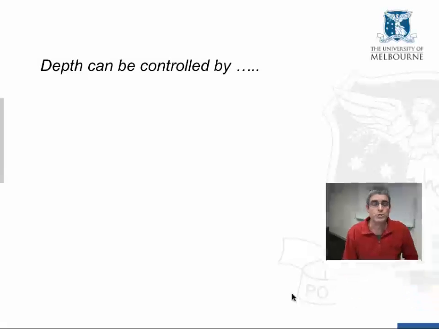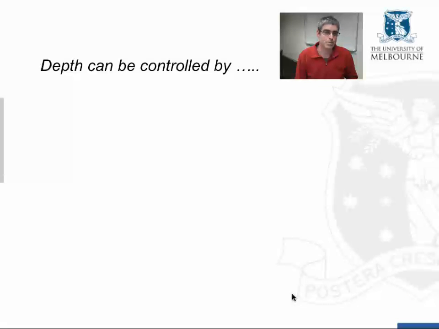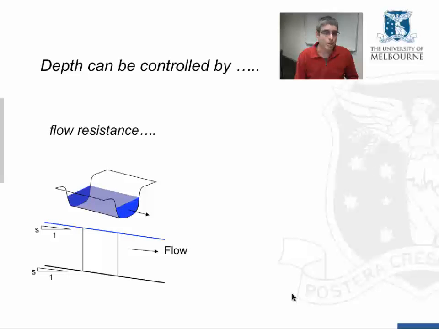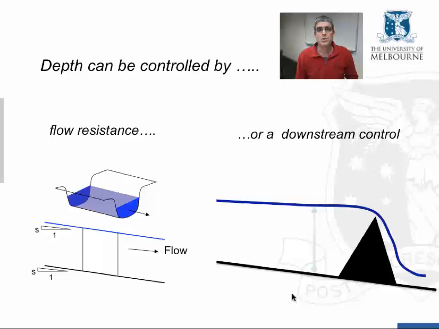So we've talked previously about situations where depth can be controlled by flow resistance under uniform flow conditions, where the gravitational force exactly balances the flow resistance force. We've also talked about the situation where the water depth is controlled by a downstream hydraulic control under subcritical flow conditions, such as upstream of a weir.